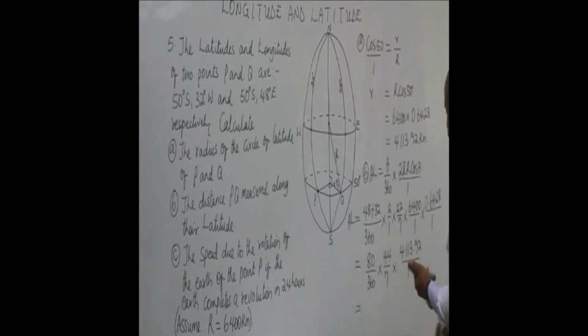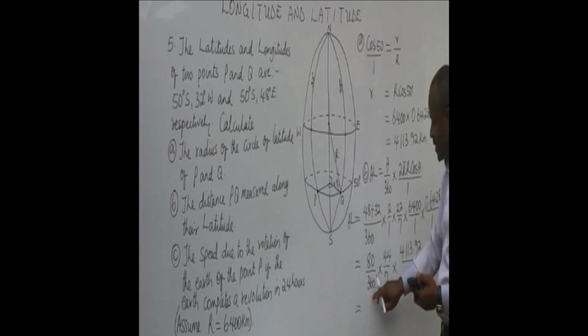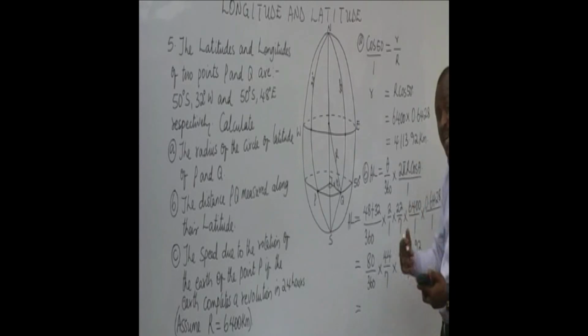The last stage. Let's multiply the numerators together and the denominators together. 80 times 44 times 4,113.92 is giving us this value, divided by, I have always told you, memorize 360 times 7 because you will keep seeing it.